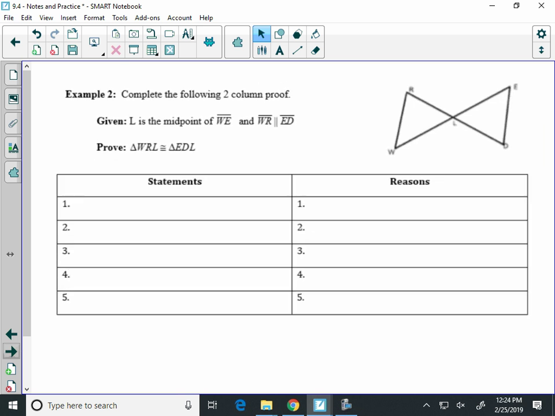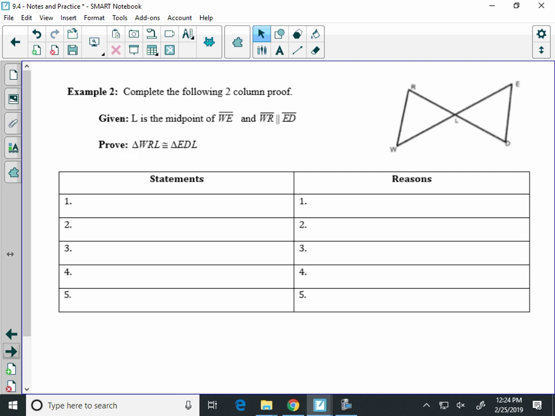Okay. So let's start using this in proofs. We want to complete the following 2-column proof. We were told that L is the midpoint of WE and WR is parallel to ED. And we're going to prove that these triangles are congruent. So at least fill in the skeleton or the bones of your proof. What's our first statement every single time? Given.